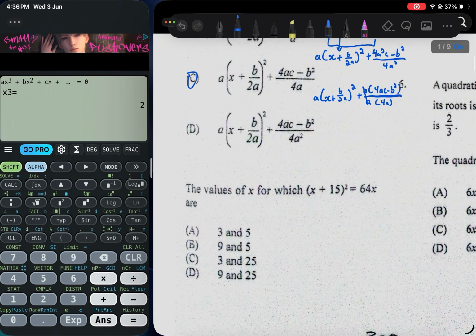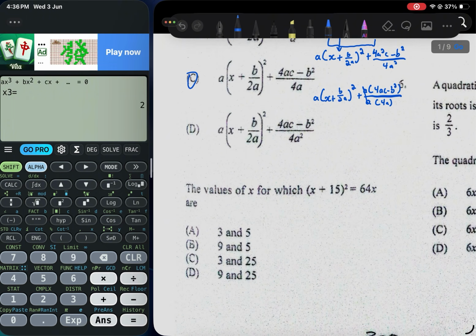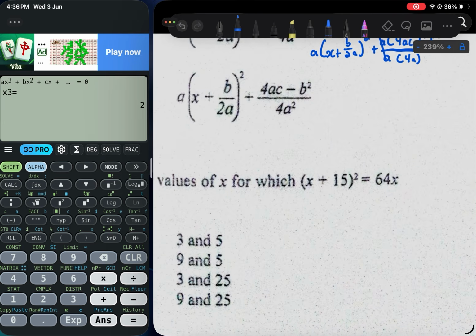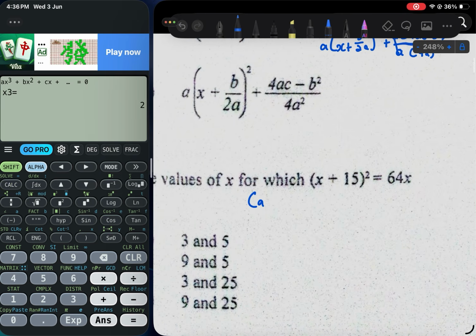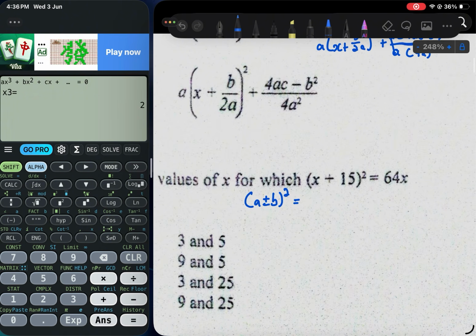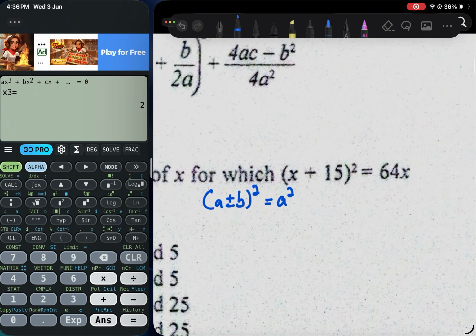The values of x for which (x plus 15) all squared is equal to 64. So recall that (a plus or minus b) all squared is equal to a squared, the first value squared, plus or minus 2ab plus b squared.